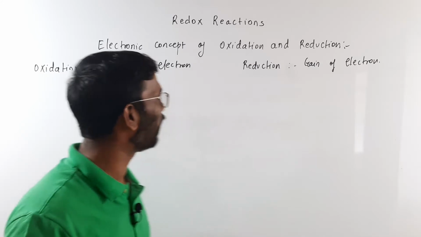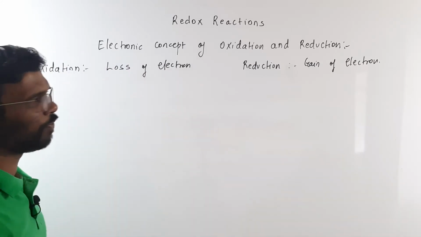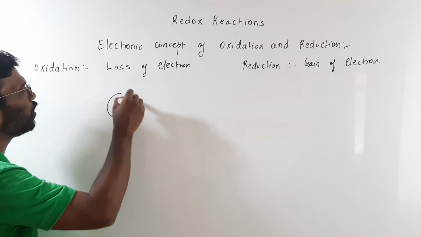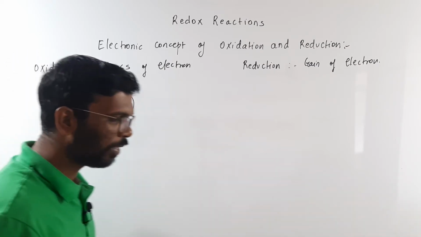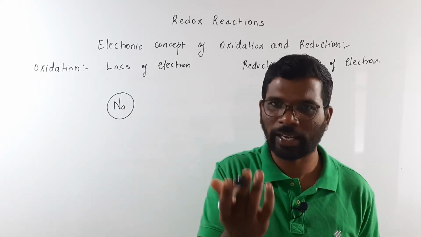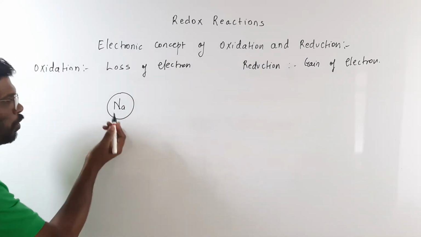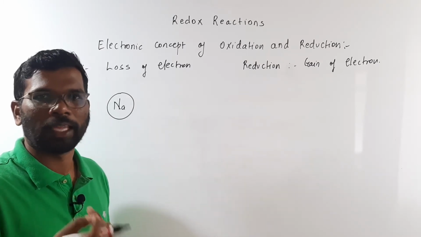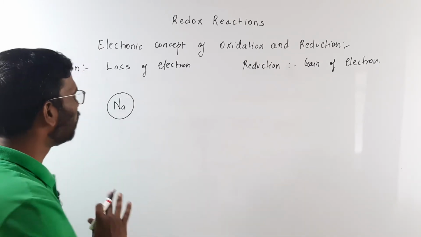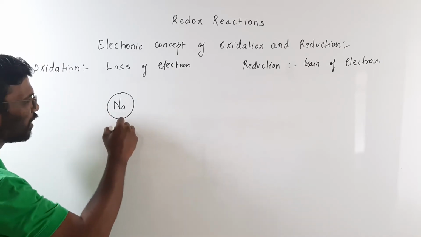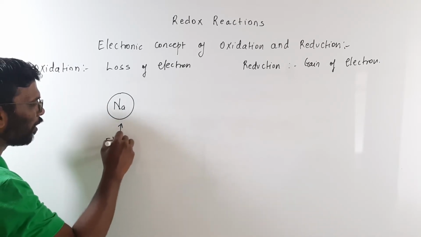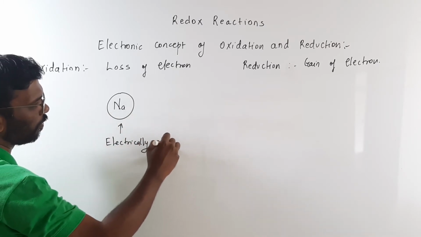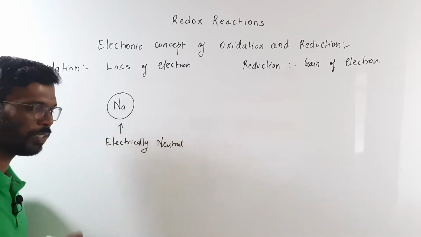Let's understand this concept with sodium. If sodium is there, this is an atom. What is the charge on the atom, right? Whenever I say atom, it is electrically neutral. Charge is 0 because there are equal numbers of protons and electrons in the atom, right? This is a sodium atom which is electrically neutral. Everyone should know this. An atom is always electrically neutral.